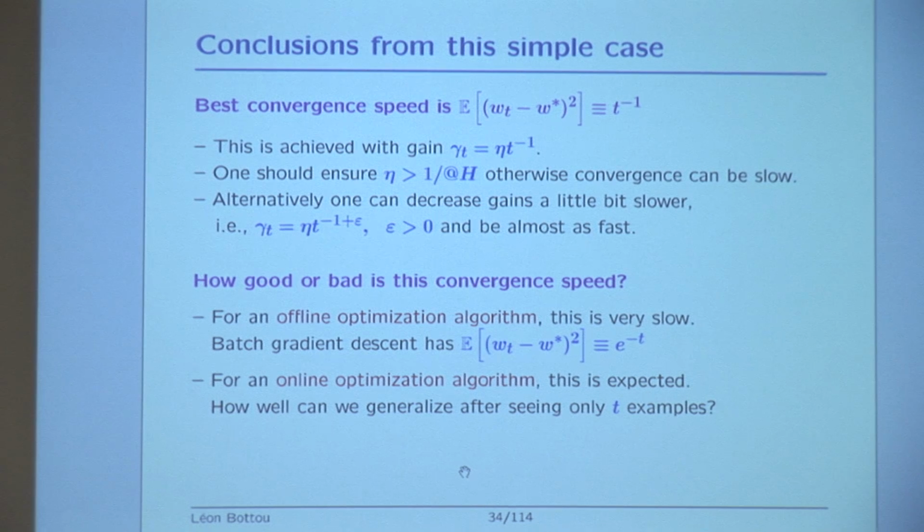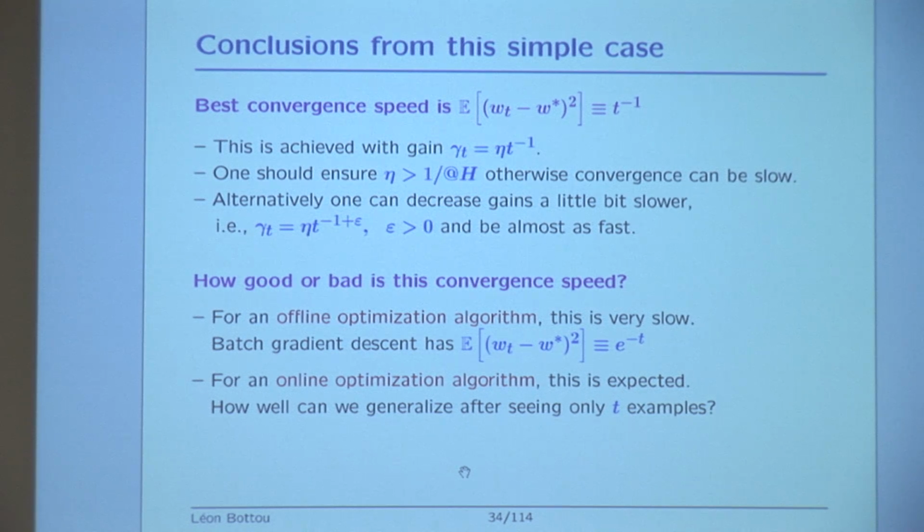Otherwise, the convergence can be slow, much slower than t minus 1. Or alternatively, you can decrease the gains a little bit slower, because if you use a gain of the form gamma t equal eta times t minus 1 plus epsilon for some positive epsilon, you go almost as fast, and you don't have constraints on eta.